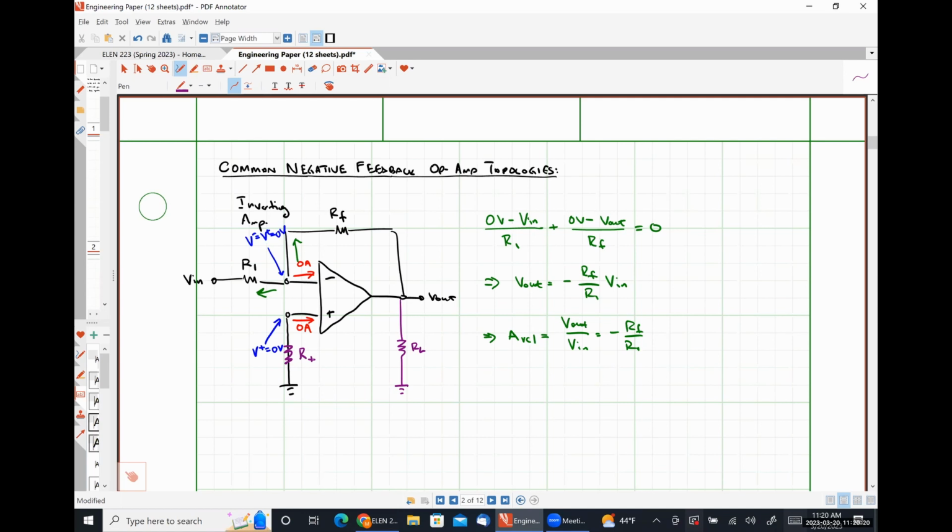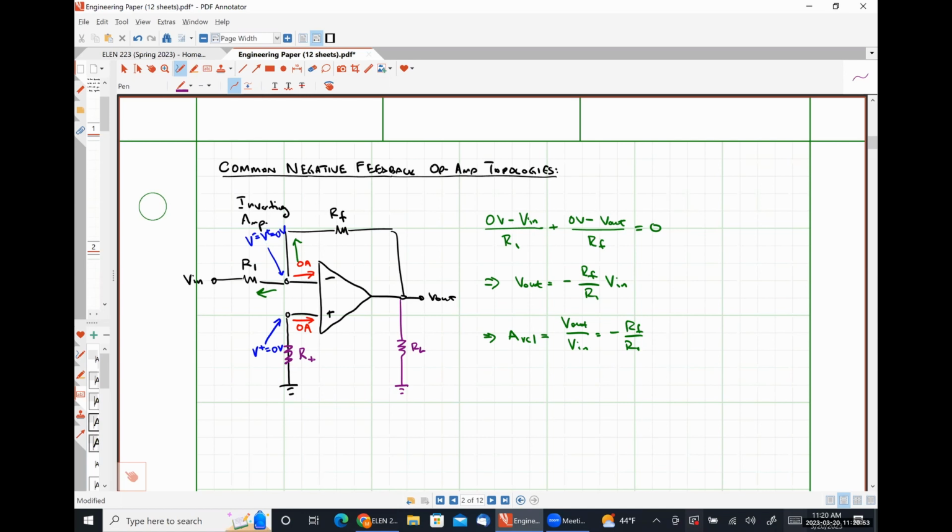So this particular amplifier is called an inverting amplifier because the input signal is applied through this resistor network to the inverting input terminal. Okay. In an inverting amplifier, we can get both gain. So if RF is greater than R1, our output signal is boosted, or larger than our input signal, but we can also get attenuation, meaning if RF is less than R1, our output signal is smaller than our input signal.